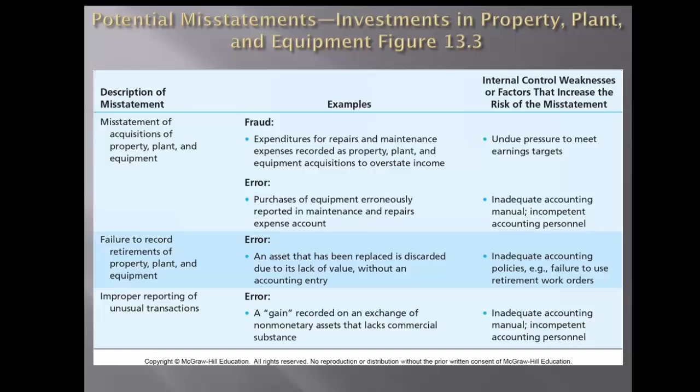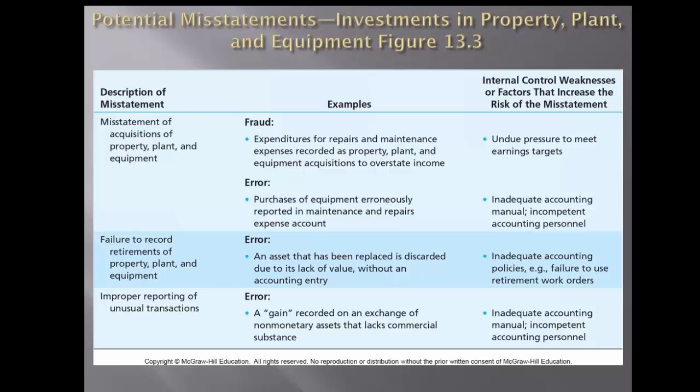And from an analytical procedure, certainly one of the things that we want to look at is repair and maintenance as a percentage of fixed assets. Compare that from year to year. If that drops significantly, or if it seems unreasonable given facts and circumstances, this may suggest that the organization is in fact taking these expenses and moving them to capital items with the idea of keeping them off the books.